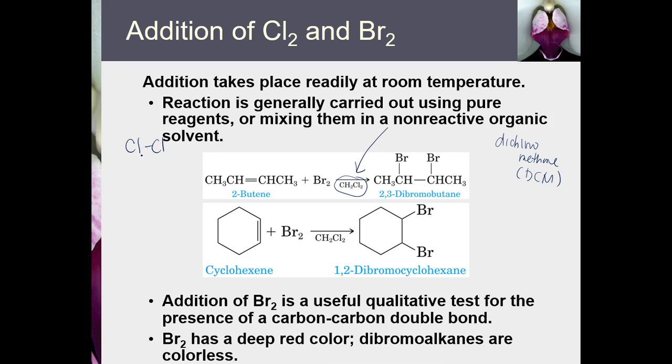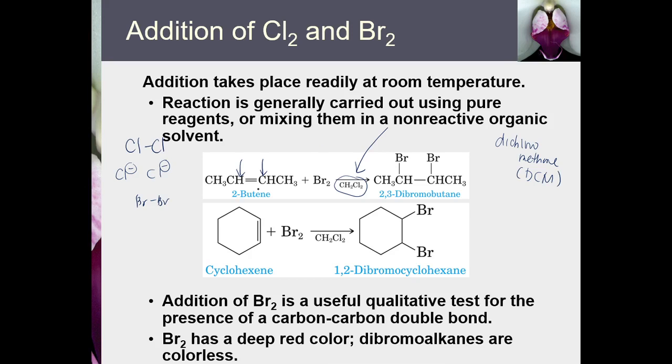So your Cl gas will break into two Cls, Cl minus, and that will attach to the carbon. If it is bromine, it will separate into 2 Br minus. So your Br2 will split into Br, and then it will attach to the carbons involved in the double bond.